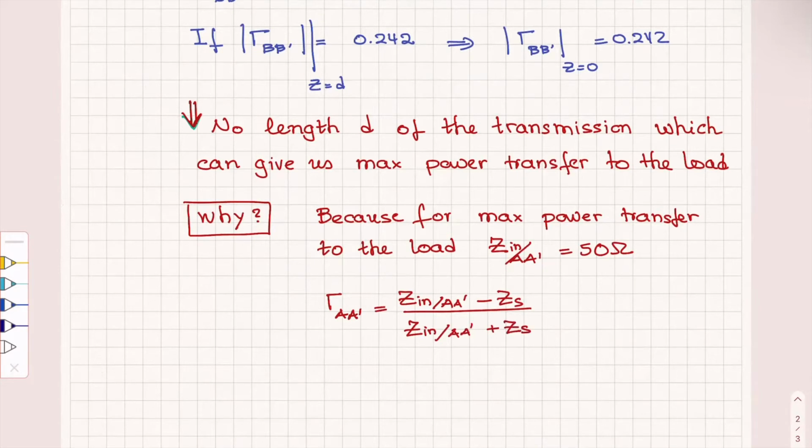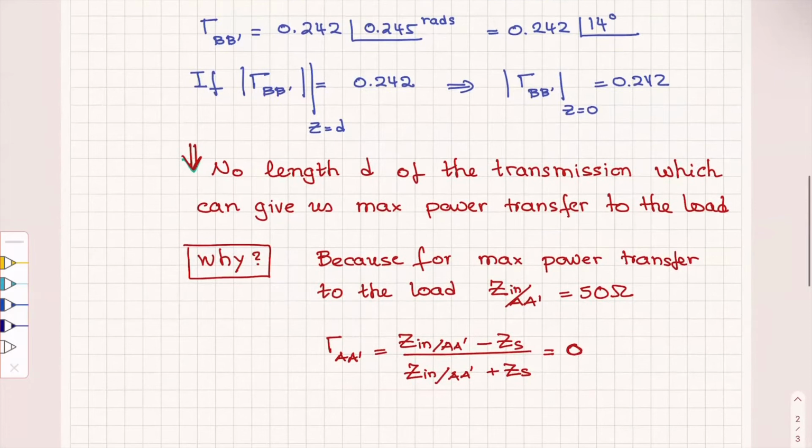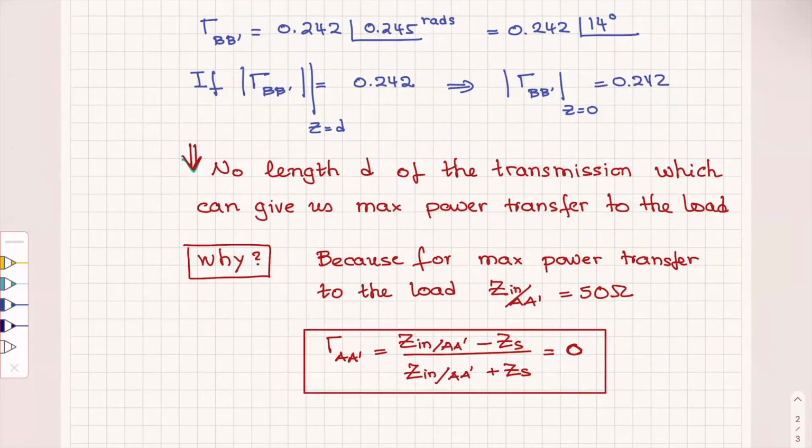And because both this is 50 ohms and both this is 50 ohms, then practically this gamma AA prime has to be 0. All right, that's the only condition to have a maximum power transfer from the source to the load.